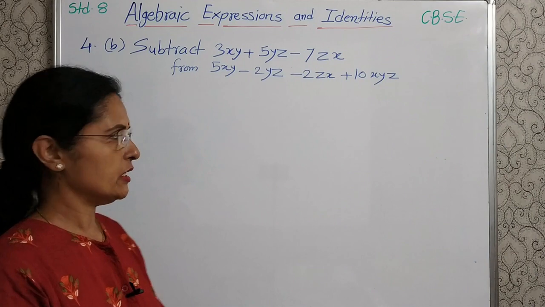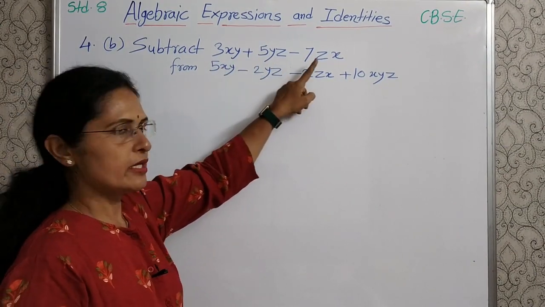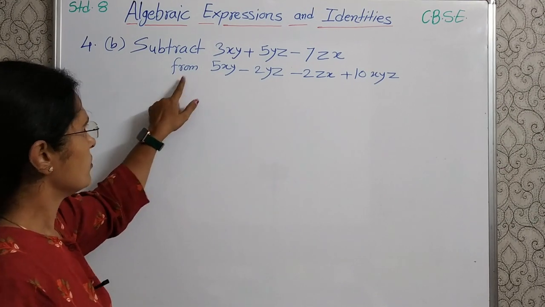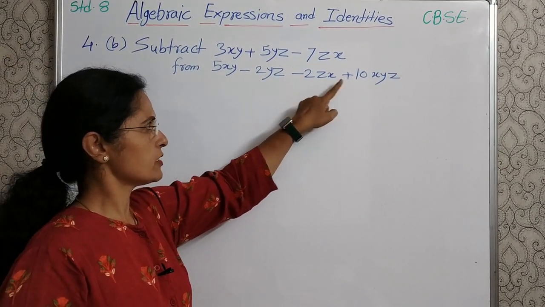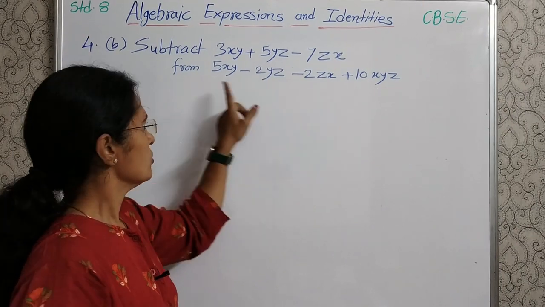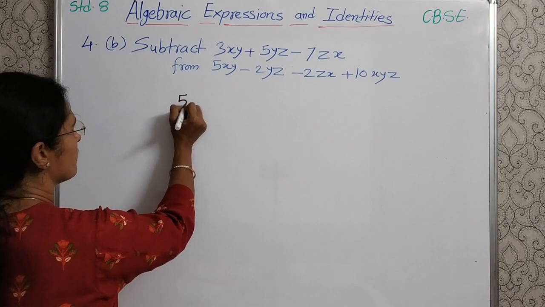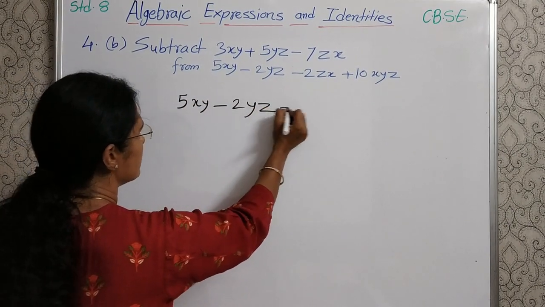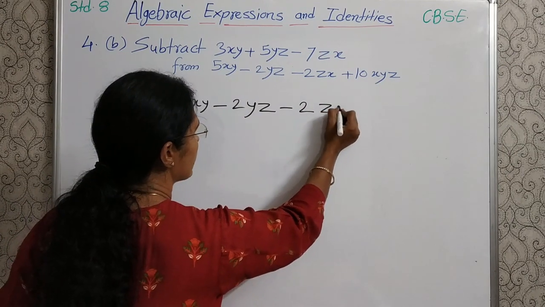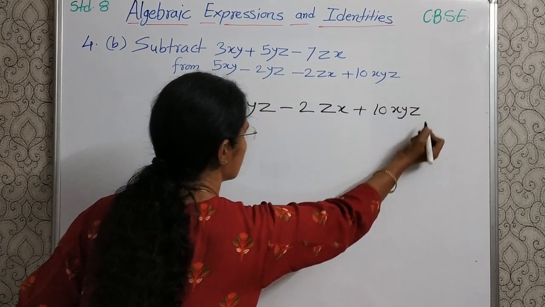Next, 4b. Subtract 3xy plus 5yz minus 7zx from 5xy minus 2yz minus 2zx plus 10xyz. So first we'll write this expression: 5xy minus 2yz minus 2zx plus 10xyz.